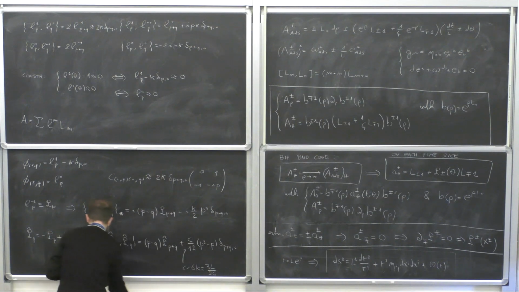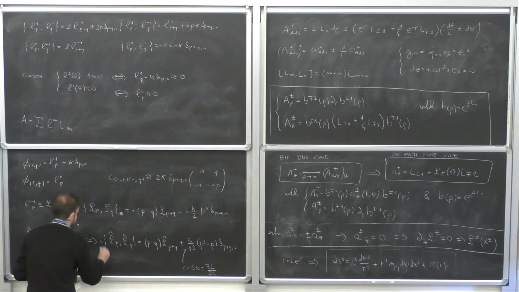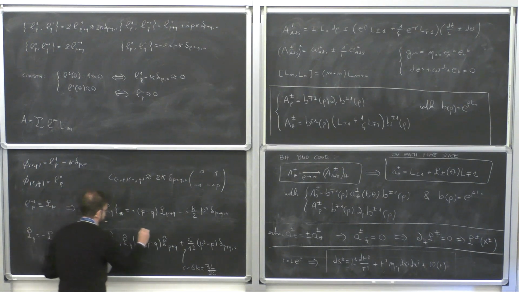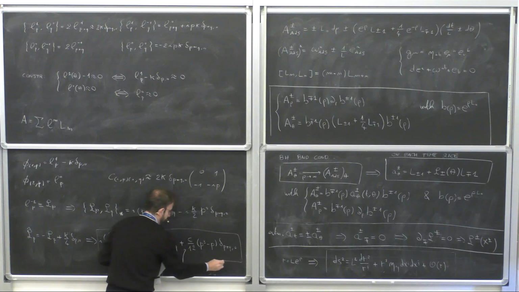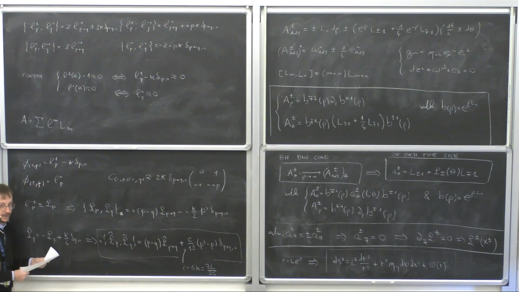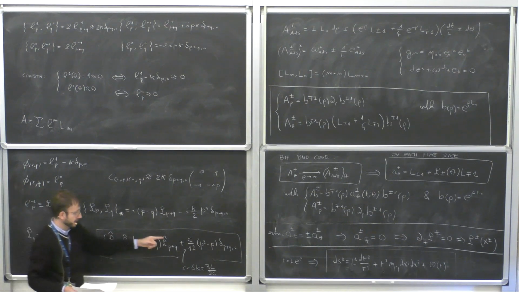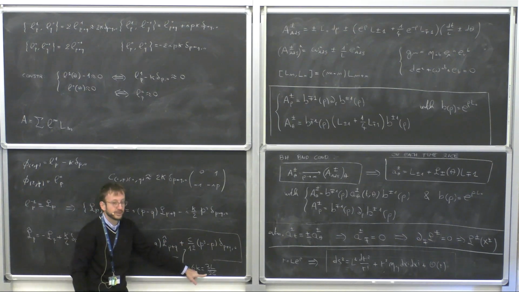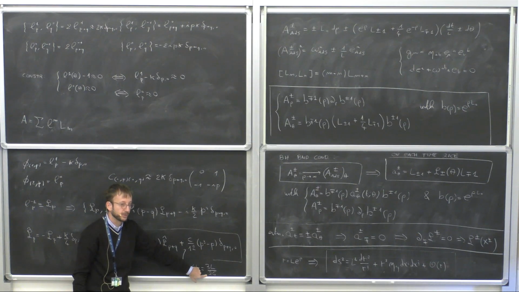And this is the famous Brown and Henneaux result that says that the algebra of asymptotic symmetries of three-dimensional gravity with their specific boundary conditions is the Virasoro algebra with a central charge C, which is related to the AdS radius by this particular formula.